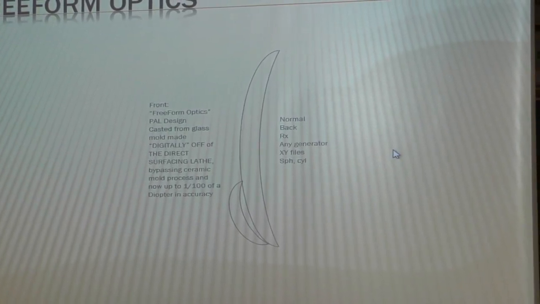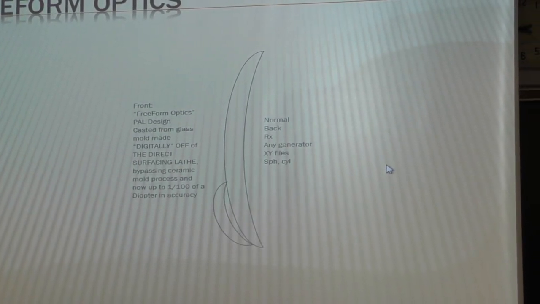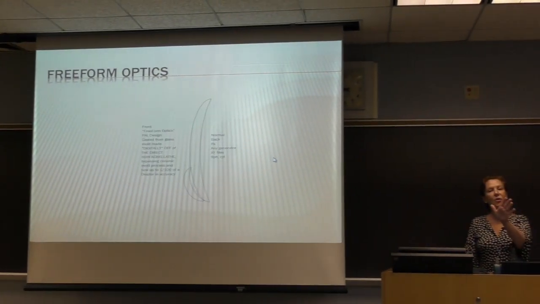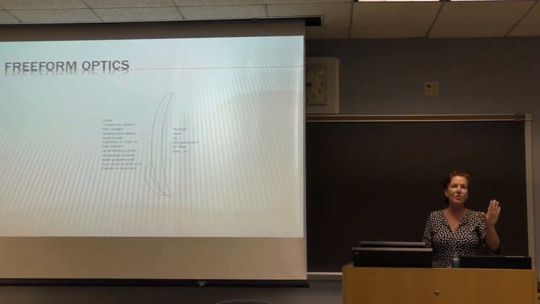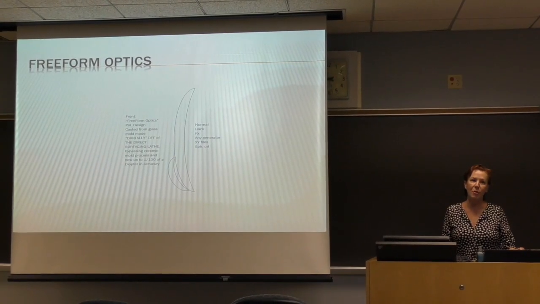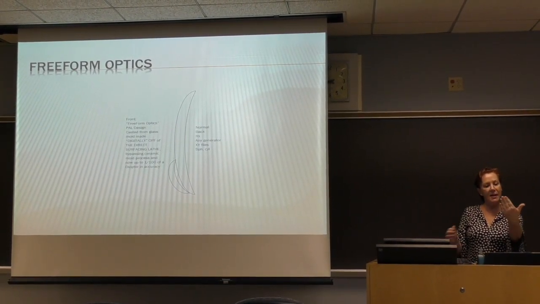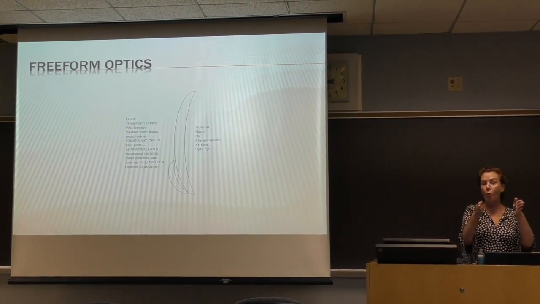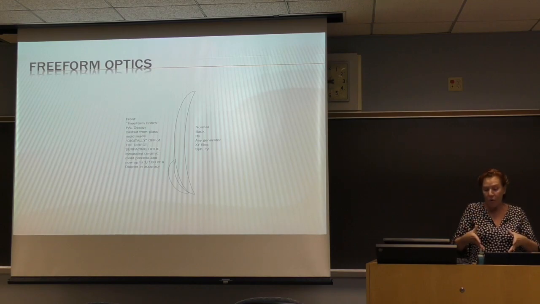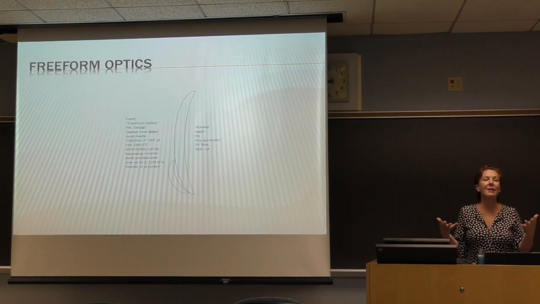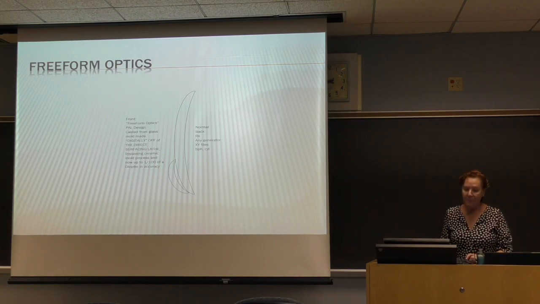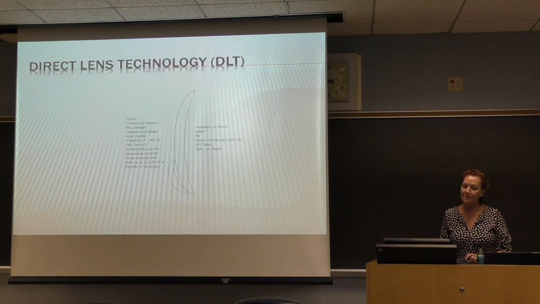And in the back, the same thing, X and Y cuts, which is sphere or sphere and cylinder for their distance prescription. But their intermediate and the corridor length and the corridor width and the near power width and the add power length is all standard and all the same.